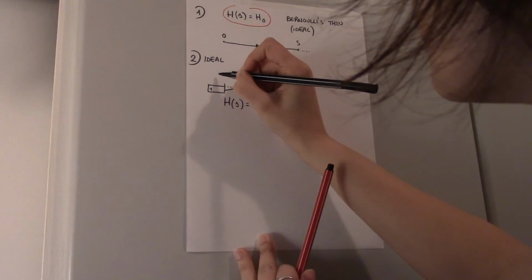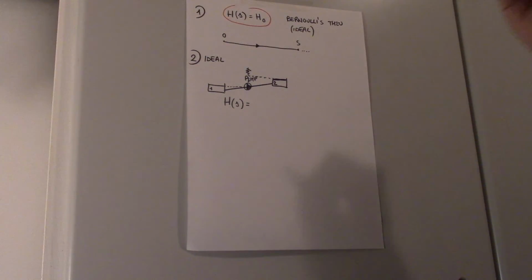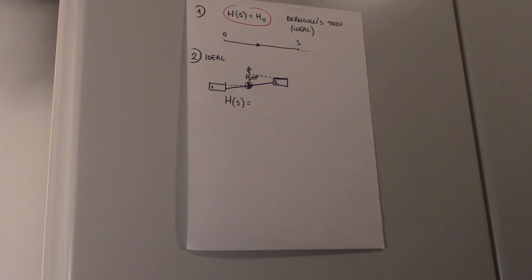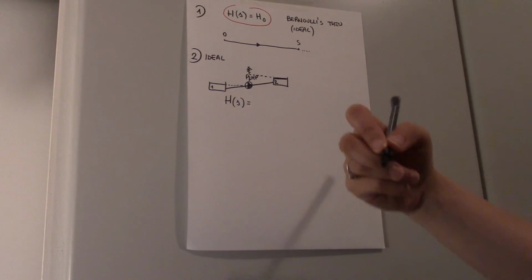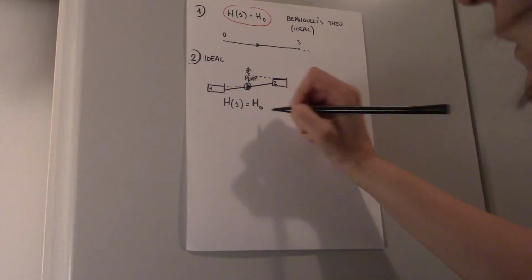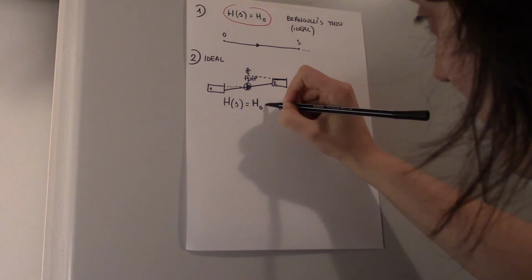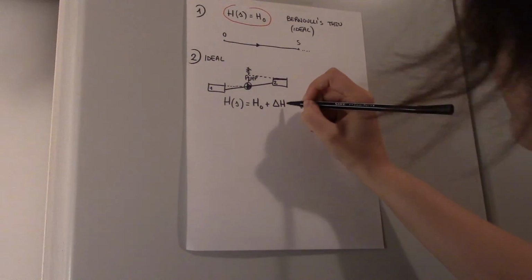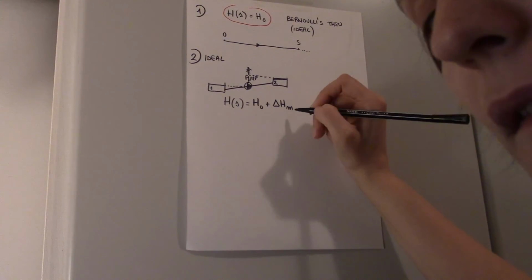Again, because we are moving from point 0, which is somewhere along your pipe, to point S, which is another point in your pipe. So HS, the final point, is equal to H0, so the first total head that you see, plus delta HM, where M stands for machines.